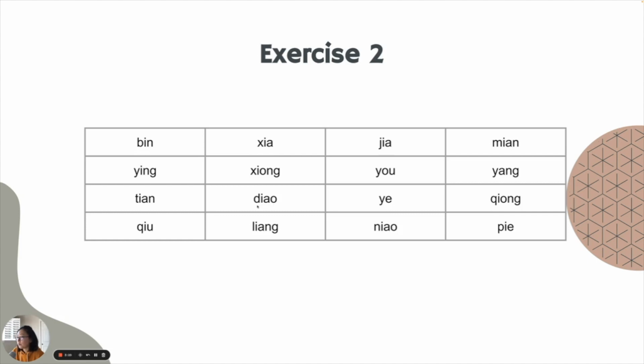Let's give it a fourth tone, diao, and then this one is ye, and then IONG, yong, qiong, and then QIU, qiu, LIANG, yang, then with the L is liang, and then NIAO, niao, means bird, and then PIE is not pie, it's pie, with different tones.